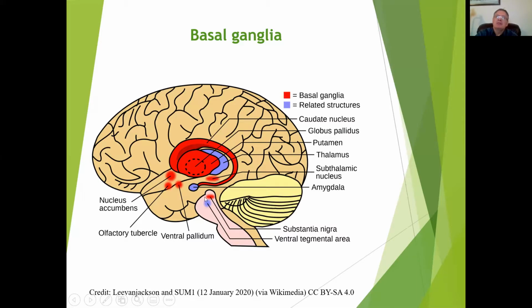Basically, the midbrain is here, and the basal ganglia are involved in regulation of stereotyped automatic muscle movements and muscle tone.